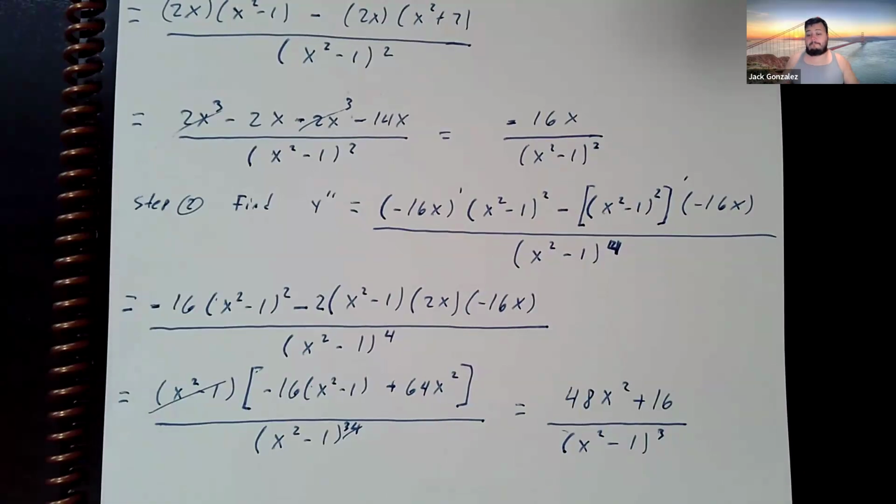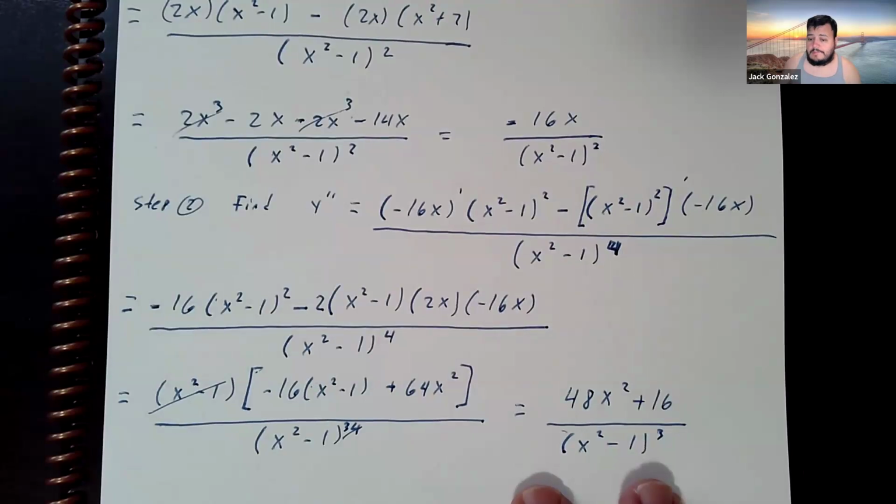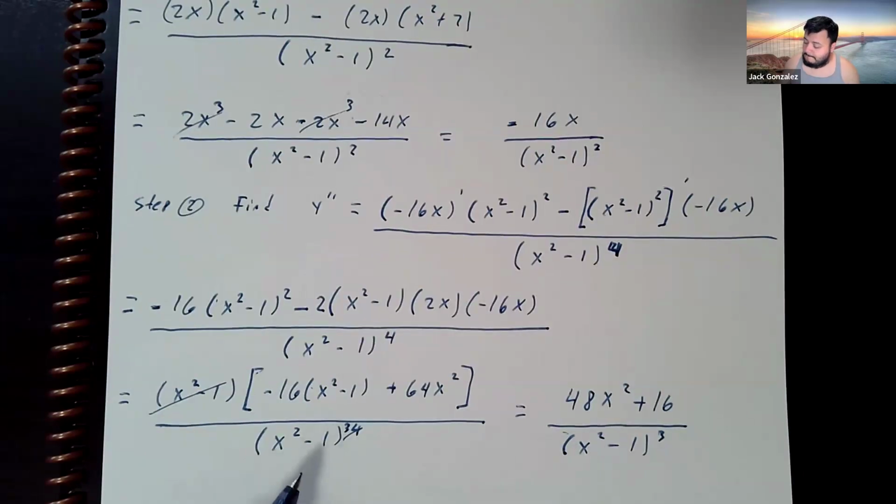All right. So we got our derivatives, first and second. Now they want to know where it's concave up and down. So we're gonna have to set this to 0. Oh, wait a minute. That'll be negative, positive.